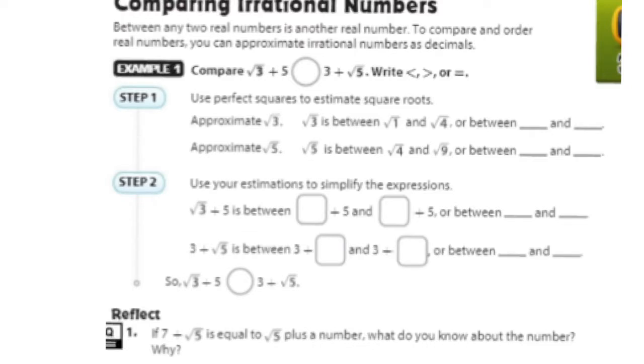Okay, so we're on page 21. It says comparing irrational numbers. So keep in mind that irrational numbers are decimals that are never ending. There's no repeating to them. I pointed out some types of irrational numbers on the first slide. So we'll be ordering irrational numbers.